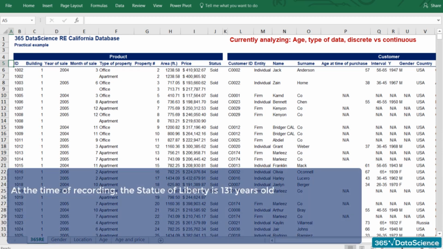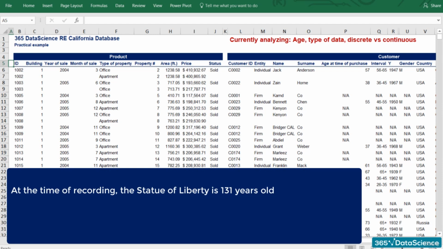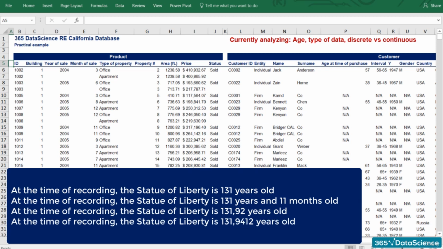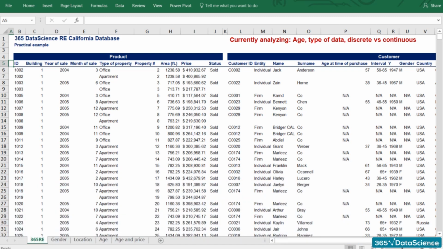At the time I am recording this, the Statue of Liberty is 131 years old. But I may get more specific by saying it's 131 years and 11 months old, or its age is 131.92. If I add days, minutes, and seconds, you get the point. When you are dealing with age, you decide its type depending on your work at hand.